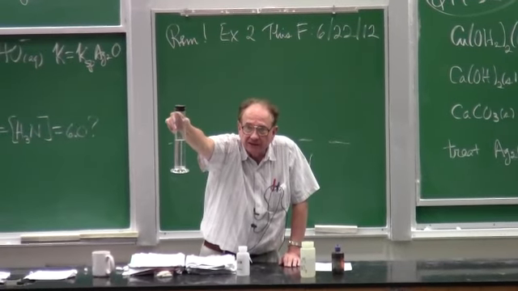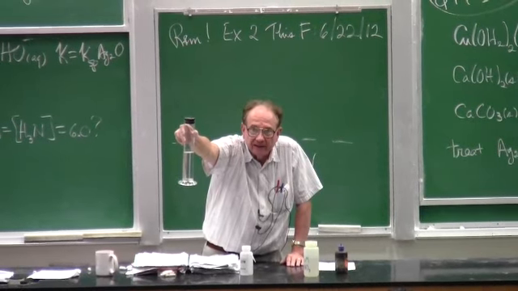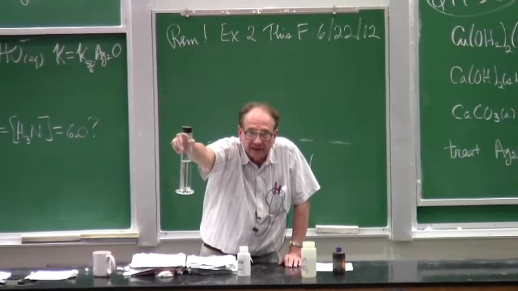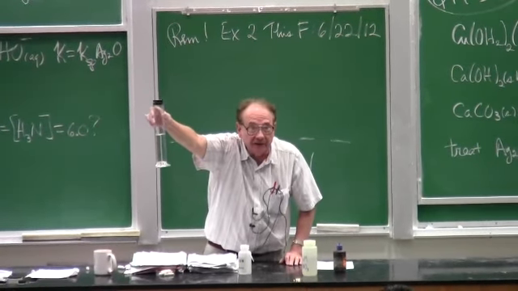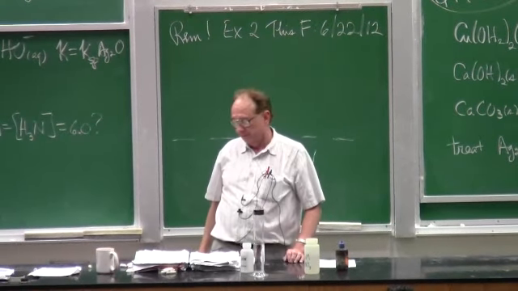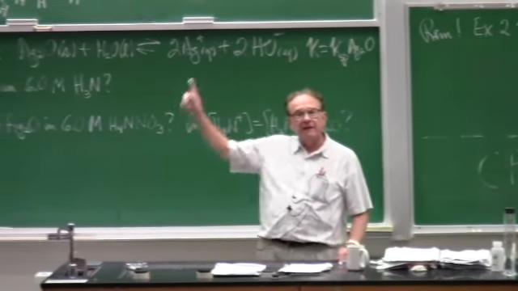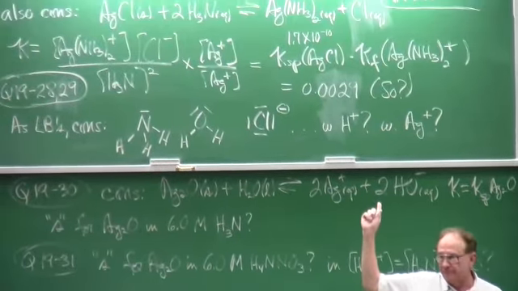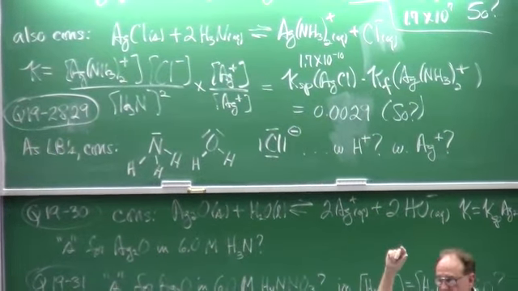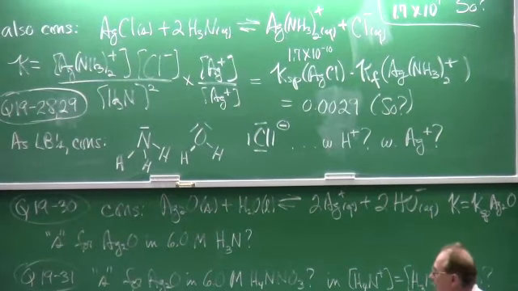Does not. Why? No silver chloride. You don't see any silver chloride in here, do you? So in this case, we don't even have this equilibrium because we don't have any silver chloride. All the silver chloride dissolved.